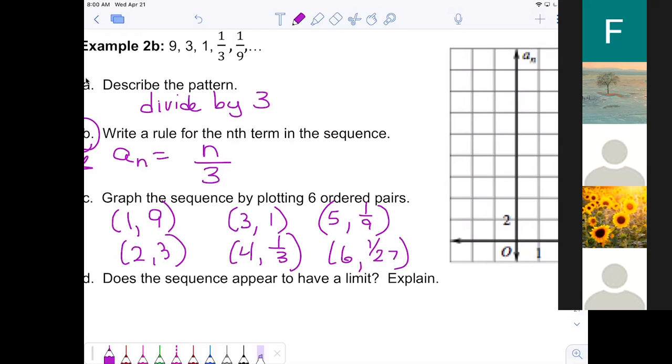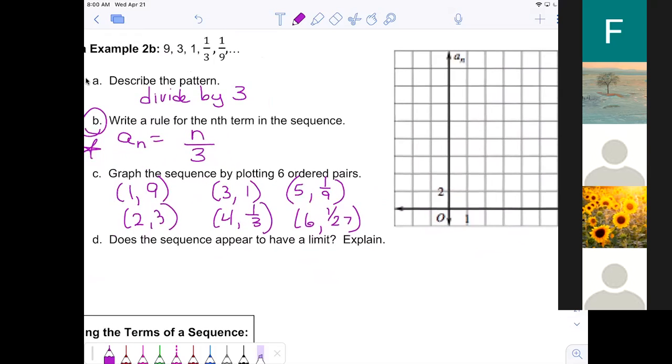So you're dividing those by 3, or you could say multiplying by a third. That would be another way to think of it. So when you go to graph these, notice how that graph starts to curve.